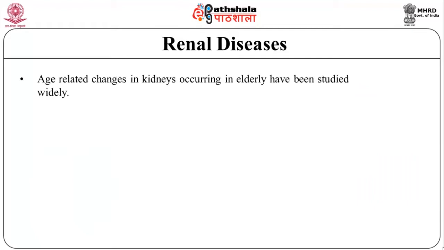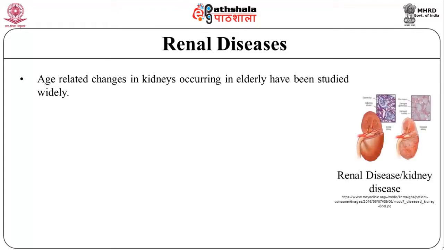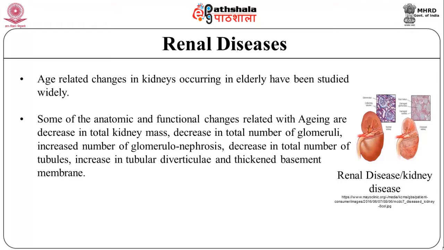Age-related changes in the kidneys occurring in the elderly have been studied widely. Some of the anatomic and functional changes related to aging are a decrease in the total kidney mass, a decrease in the total number of glomeruli, an increased number of glomerulonephrosis, a decrease in the total number of tubules, and an increase in tubular diverticulae and basement membrane thickness.